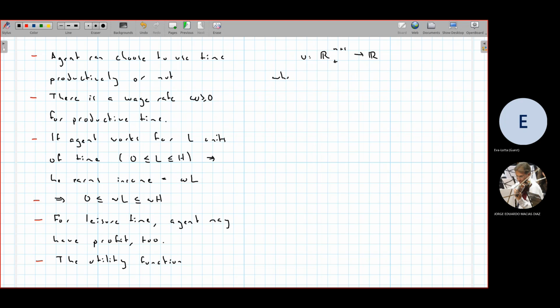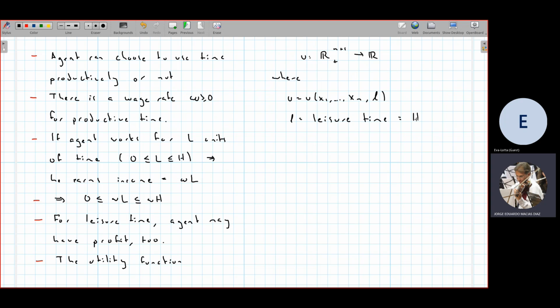So this function is going to depend on x1, x2, and so on, xn, and also L. L is the leisure time, which, as you can see, is h minus L.